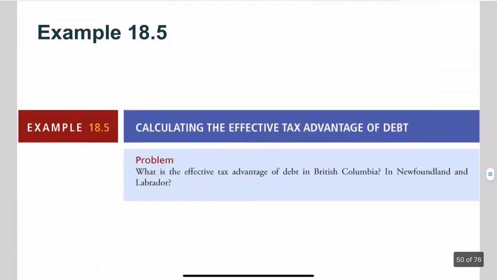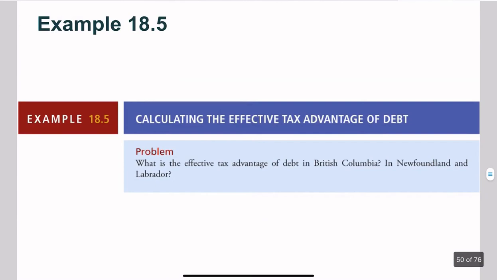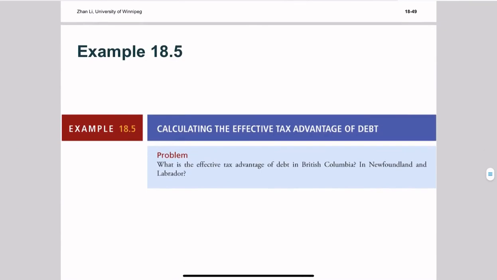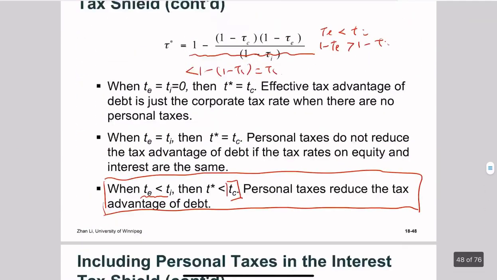So let's see this example here. It says, what is the effective tax advantage of debt in BC and in Newfoundland and Labrador? So let's just try British Columbia.